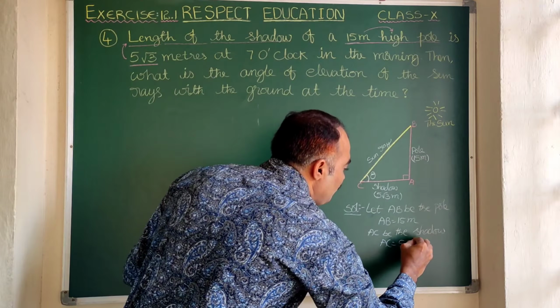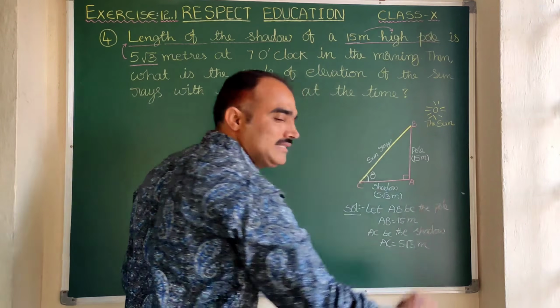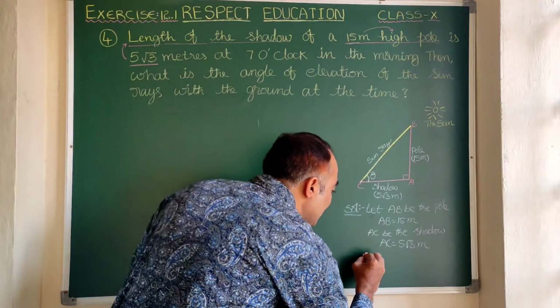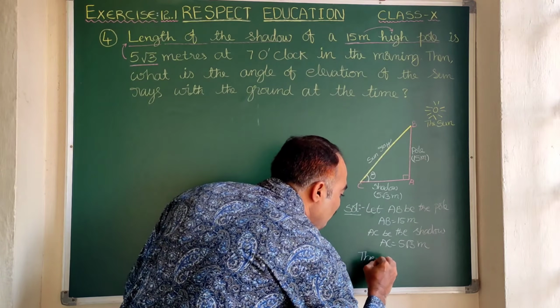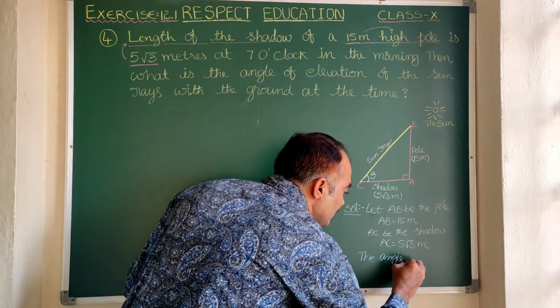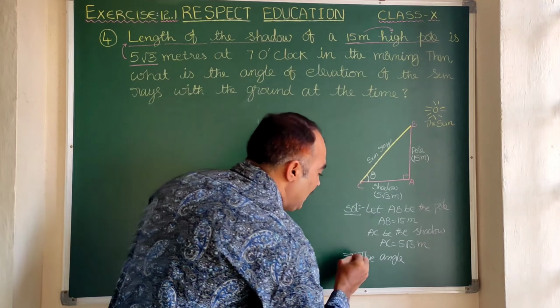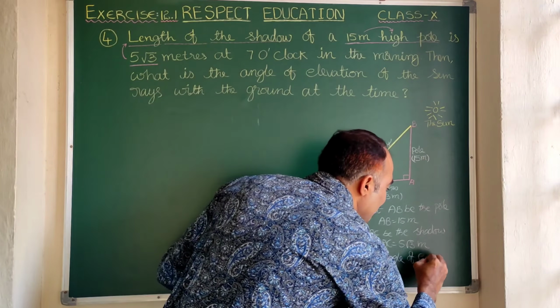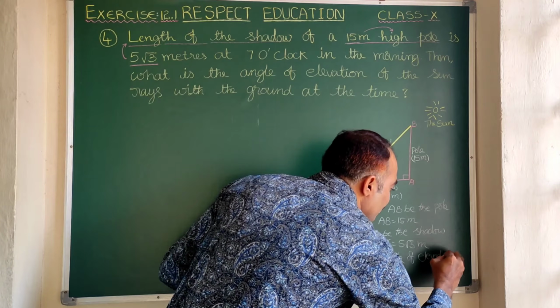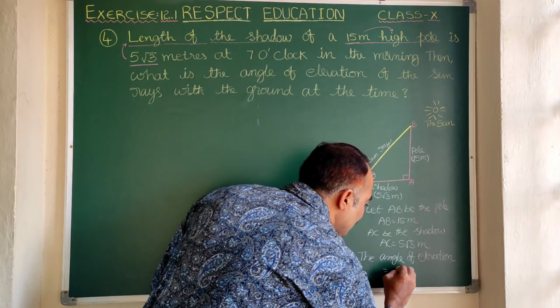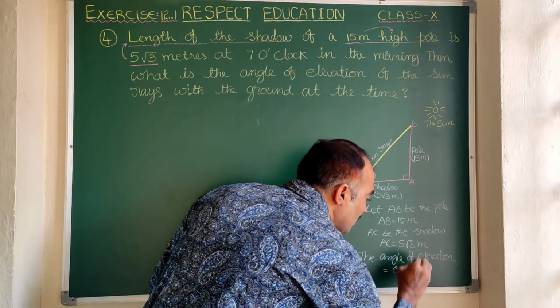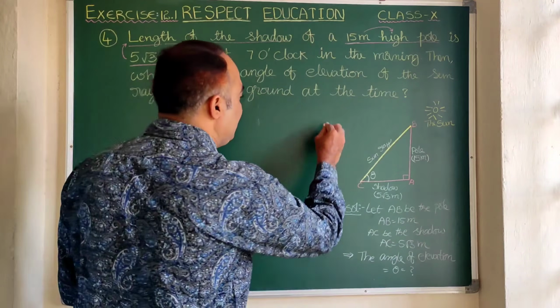AC is equal to 5√3 meters. Then what to find here? The angle of elevation implies the angle of elevation, that is equal to theta is equal to question mark. That is what we need to find.